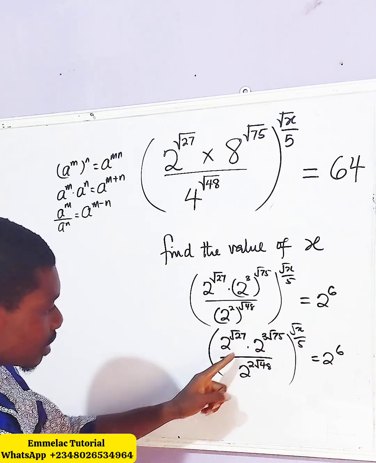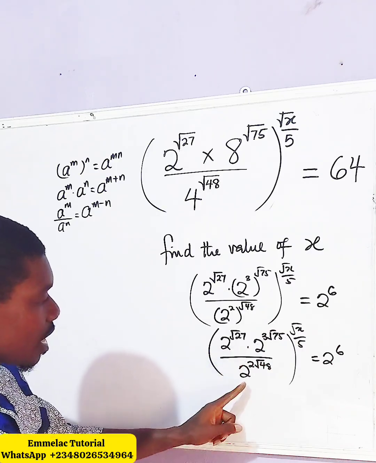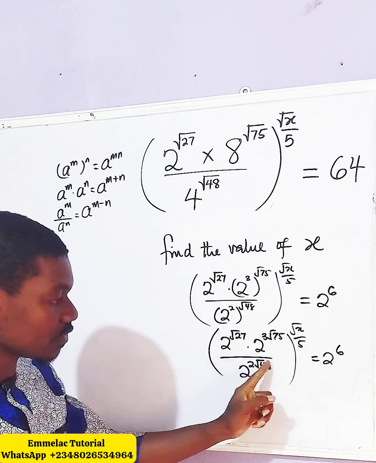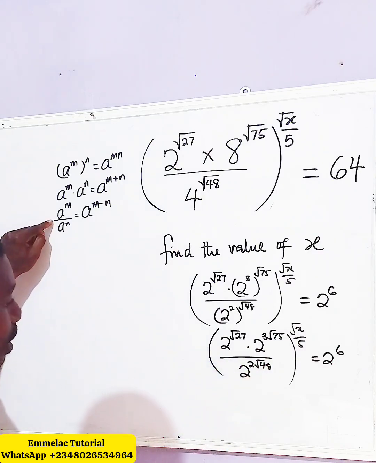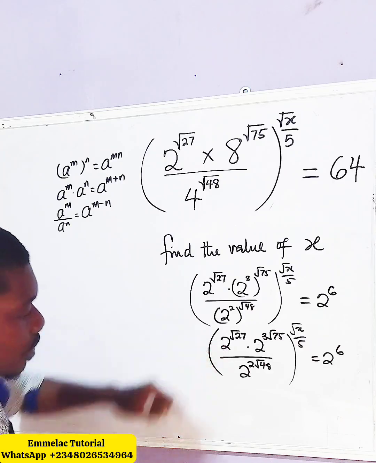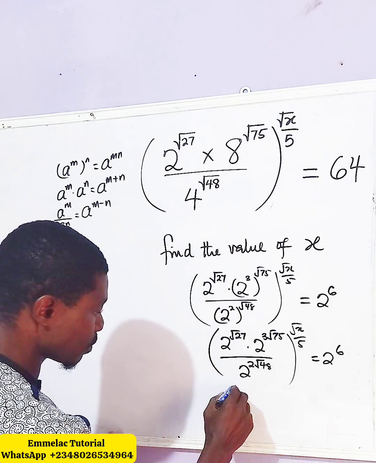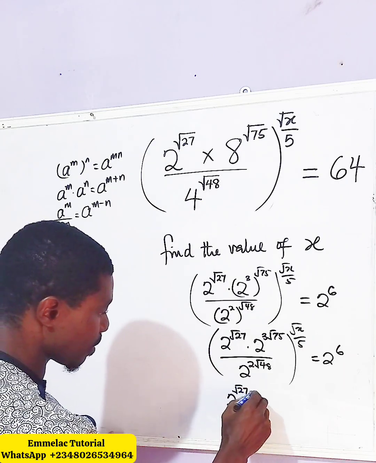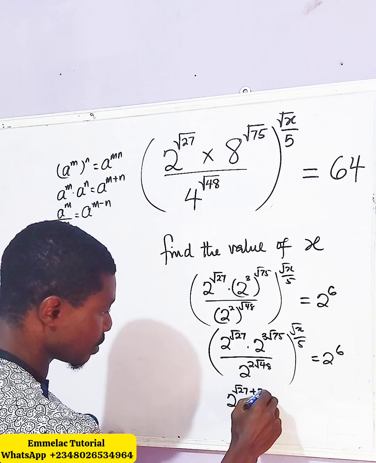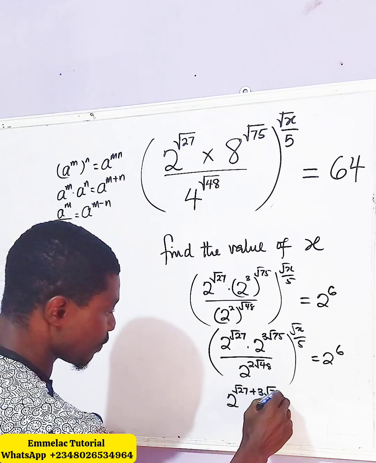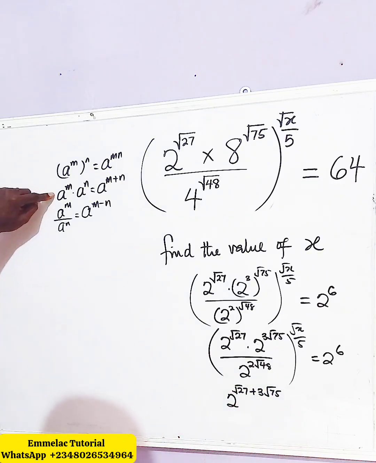Okay, now you can see we have a product here, and by the sign of this division we have this. Okay, so the first one here becomes 2 raised to the power of the square root of 27, okay, then plus 3 raised to the power of the square root of 75, okay, which means we have achieved this.